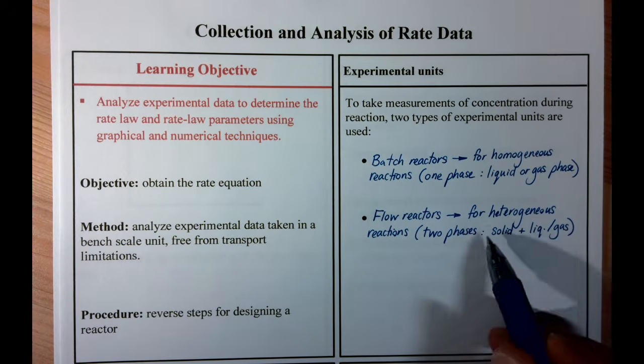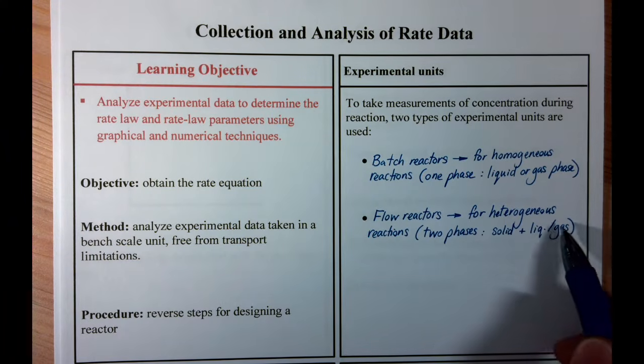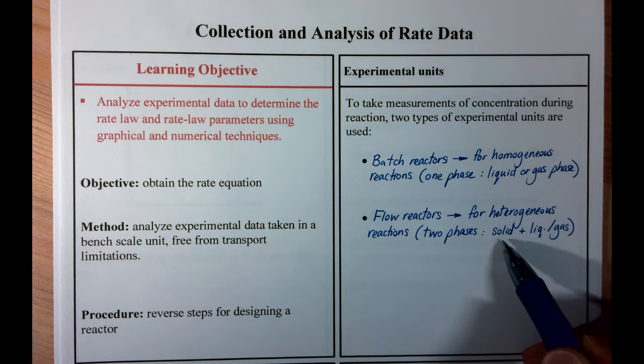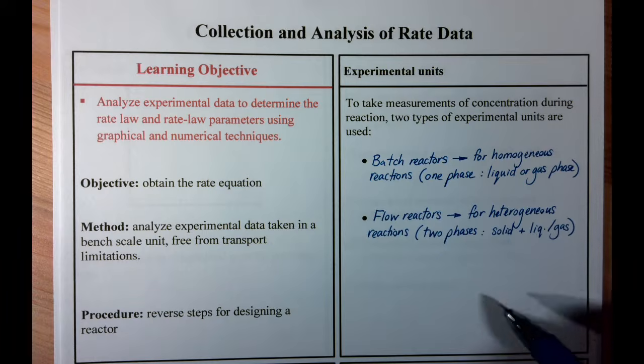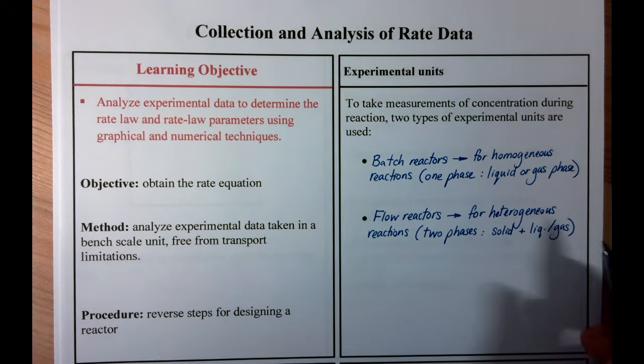So in a heterogeneous reaction, your reactant molecules are in one of these fluid phases, and they land and adsorb on the solid catalyst, and the reaction happens at that solid-gas interface. Once the reaction has happened and your products are formed, the products then desorb from the surface of the solid and go into the liquid or the gas phase.